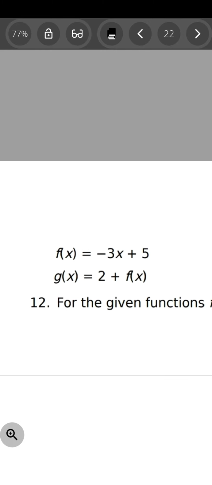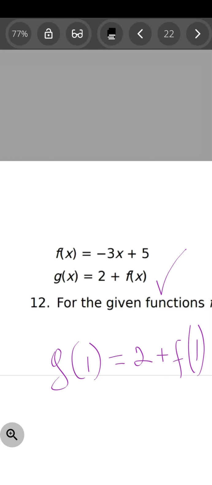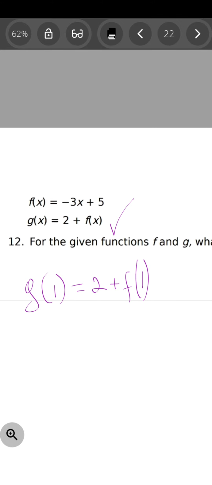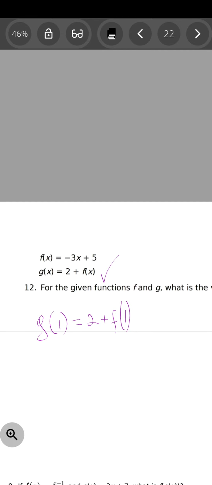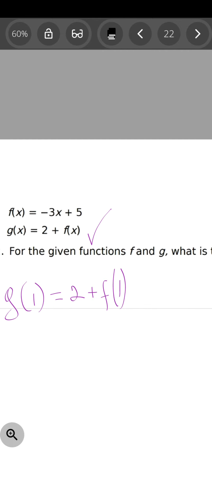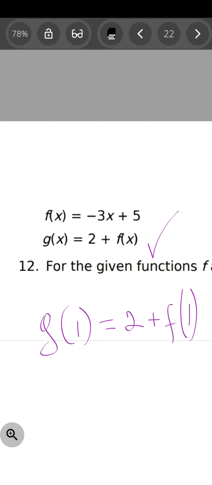So to find the value of g of 1, let's write 1 in the place of x in the second equation. g of 1 is equal to 2 plus f of 1. And to find the value of g of 1, firstly we must define the value of f of 1. Let's write 1 in the place of x in the first equation.